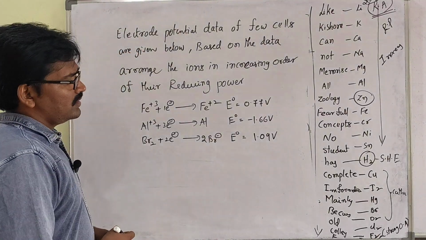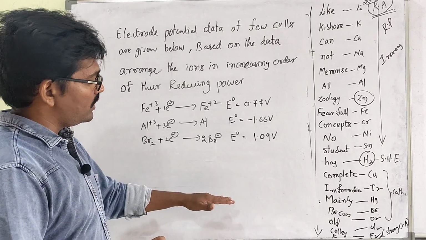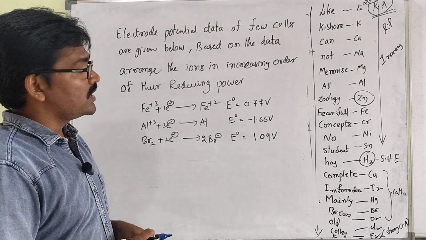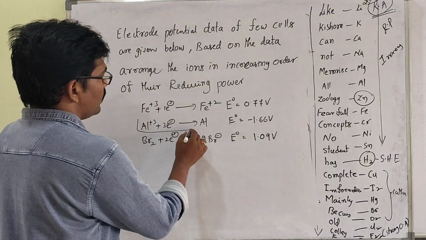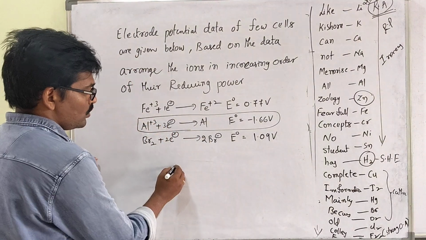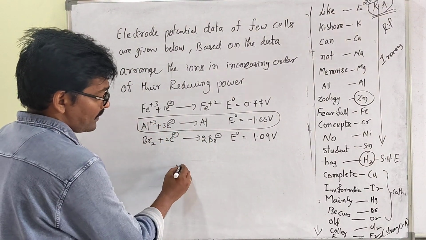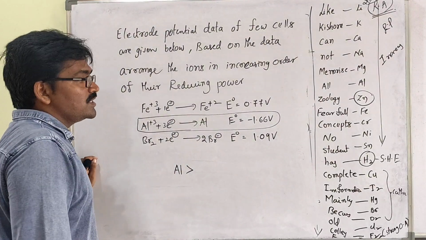Here, which has greater reducing power? Which has the lower reduction potential value? Aluminum has a very low reduction potential value, so aluminum's reducing power is greater.